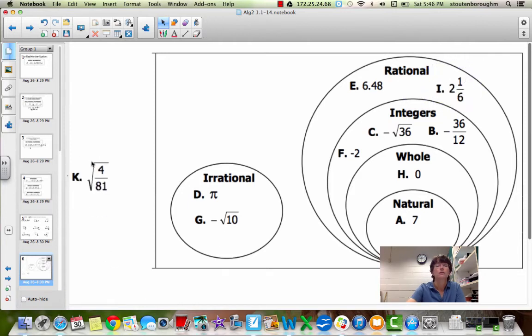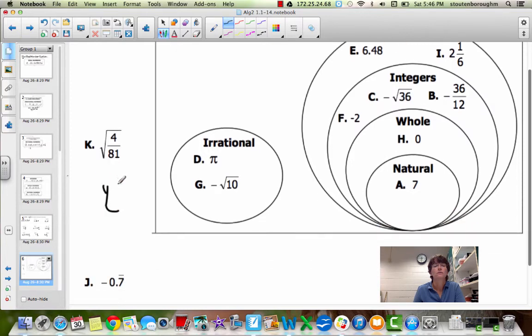And this last one, let's be a little careful here, we maybe haven't quite learned this, but you did this in Algebra 1, so maybe you remember. We know that the square root of, oops, click my pen. We have 4 over 81. 4 is a perfect square, and so is 81. So we can actually divide that into 2 square roots.